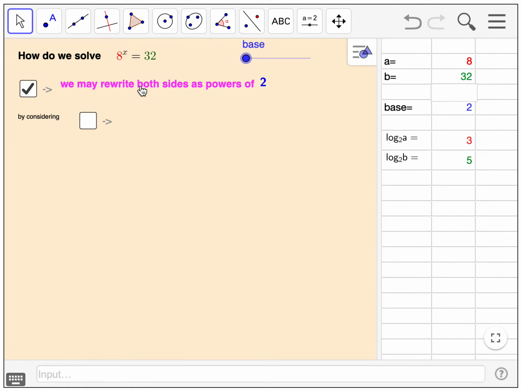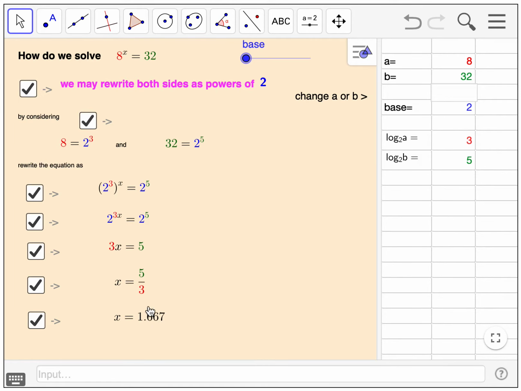Obviously, or maybe more easily, in this case, if you recall that x and 32 are both powers of 2, then you can work out this relation: x equals 2 to the power 3, 32 is 2 to the power 5. It will help you to compare the indices in this way. And then you can go on with the rest. The answer is 5 over 3. So x to the power 5 over 3 is equal to 32. And it works because we know that x and 32 are both powers of 2.